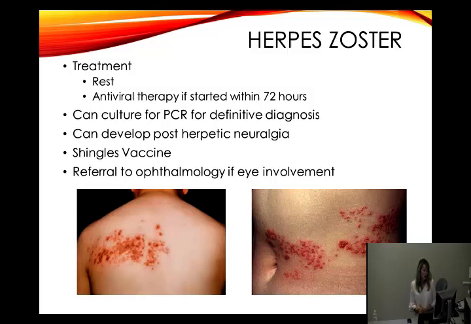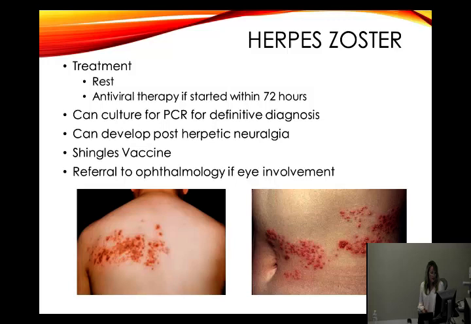The shingles vaccine is an interesting vaccine because coverage hasn't always been so good. Patients really have to check with their insurance companies because typically Medicare covers it if they get it at the pharmacy, but they don't cover it if they get it in the physician's office. And it can be a couple hundred dollars, so it's really worth it for the patient to check with their local pharmacy on how much it would cost, or call their insurance company.